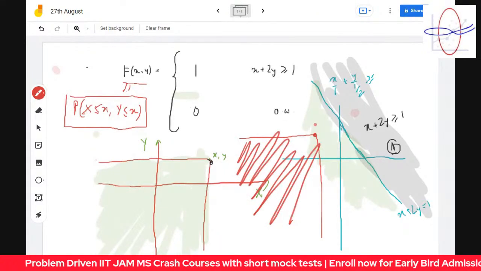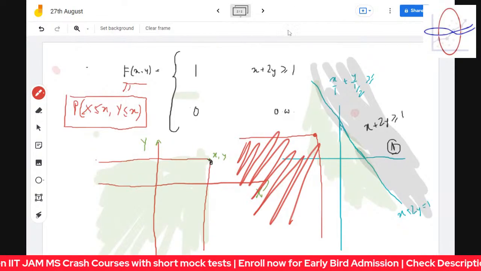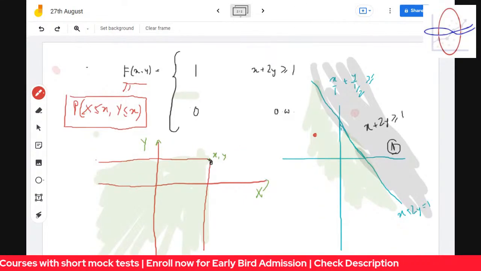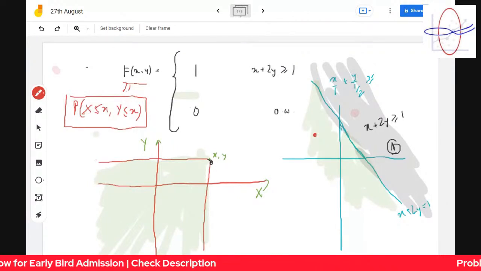So the outcome lying in the upper region has probability 1. This is the basic thing about the distribution function of two variables. It's a very important basic concept.